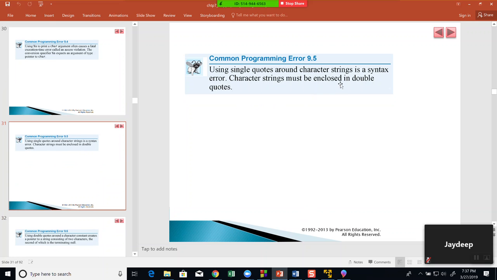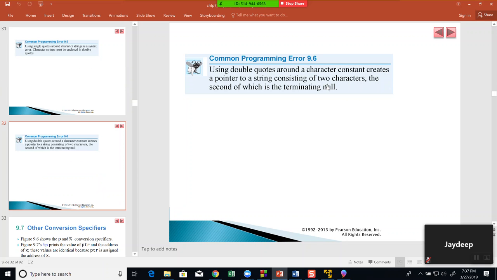Using single quotes around a character string is a syntax error. Character strings must be enclosed in double quotes. You'll find different programming languages have different requirements on that, so you just have to try one and see if you don't remember. Using double quotes around a constant character creates a pointer to a string consisting of two characters, the second of which is a terminating null.